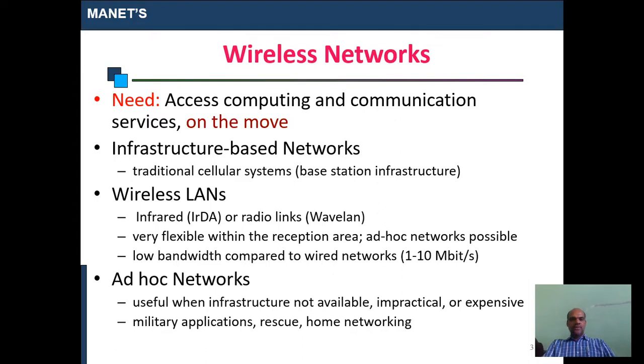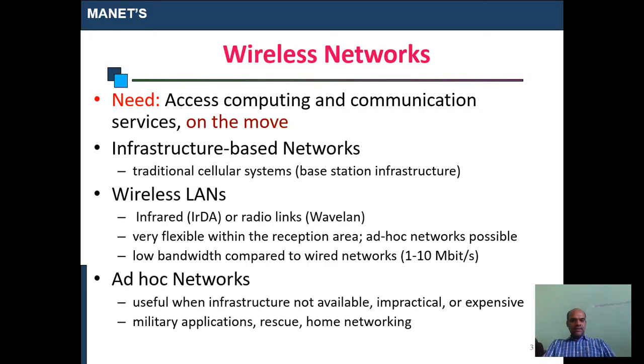Infrastructure-based, just like a cellular system, needs a base station infrastructure, whereas wireless LANs use radio links or IrDA, and are very flexible within the reception area, just like ad hoc networks. When we compare with wired networks, these ad hoc wireless local area networks have less bandwidth.